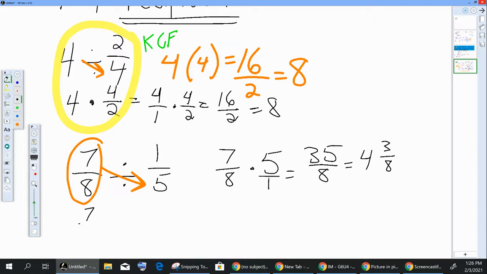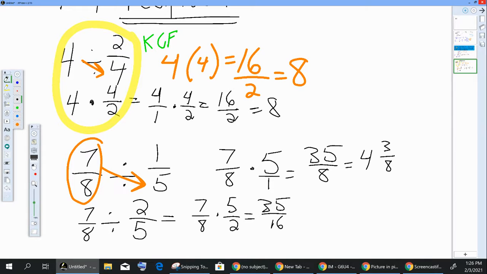But then I started doing like 7/8 divided by 2/5. I still could just do 7/8 times 5 and then divide it by 2, but that becomes a lot of work when I know that I could use this pattern of multiplying by the reciprocal, so I could just do 7/8 times 5 halves instead, and then I would get 35/16, which is the same thing as 2 groups of 16 is 32, and then 3 left over, and the group size is 16, so 2 3/16.